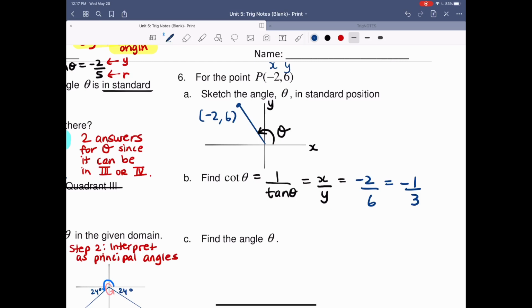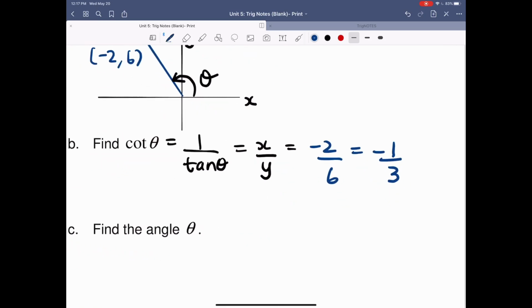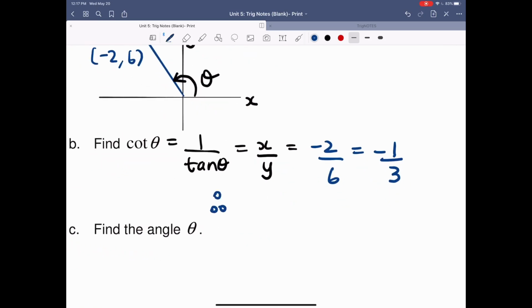It's kind of bad format because right now I'm crammed in space. You should write it so that you're actually going down vertically if you have space. And I should write cot theta is equal to -1 over 3.